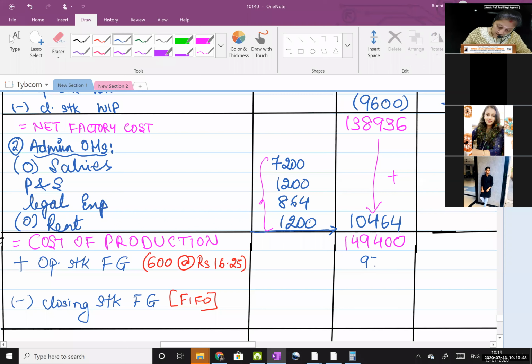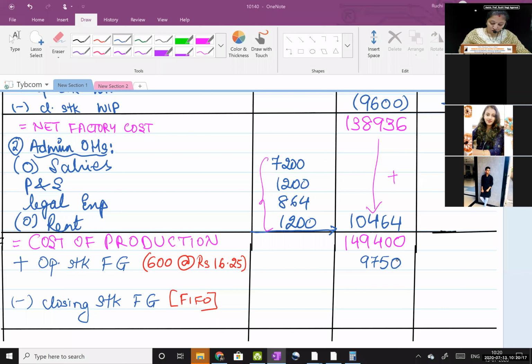Okay. Is it clear till COP? Cost of production is clear to everyone? Opening stock of finished goods is clear? Okay, fine. Thank you, students, for acknowledging.